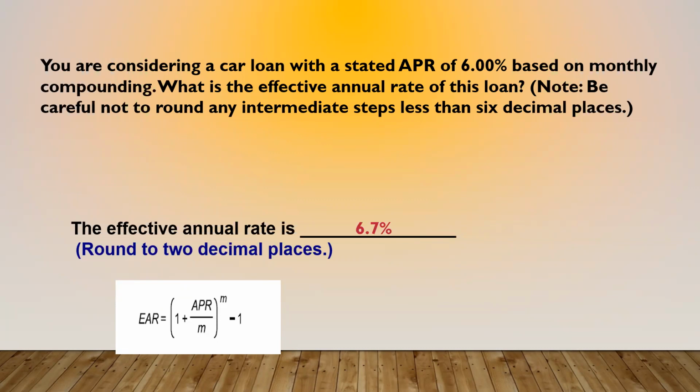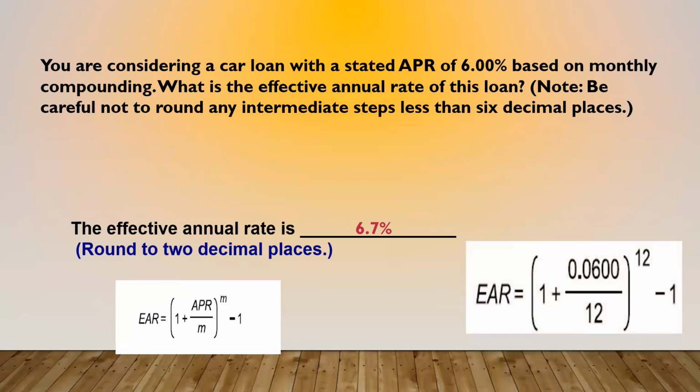And to go a step farther, you have the EAR equal to (1 + 0.0600/12) to the 12th power minus 1. And that's how you will arrive at 6.7%. And we will stop here.